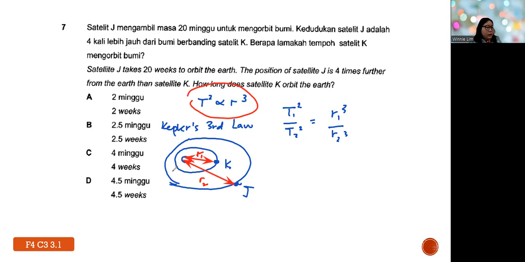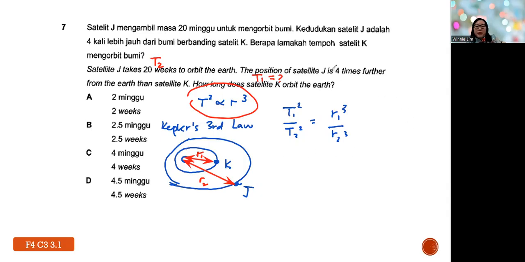Using this idea, now I assume K is 1. This 20 weeks is for J, so this is T2. They want me to find T1. What is the relationship between R1 and R2?